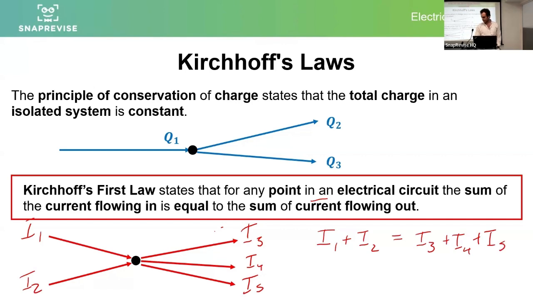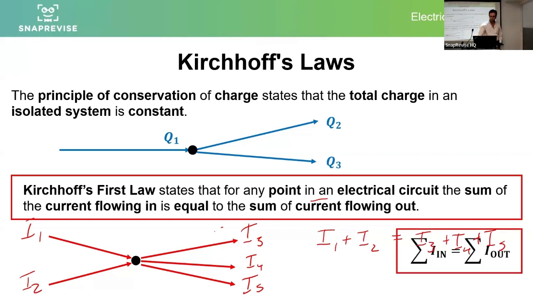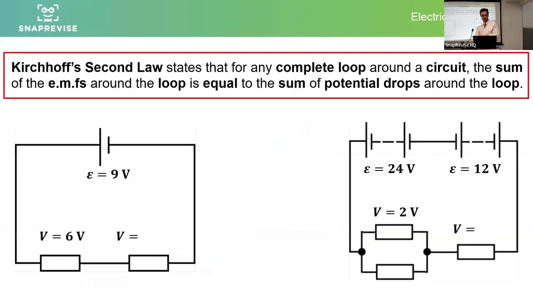Simple as that. The sum, this big, for those of you not familiar, this big, I'm forgetting the Greek letter, but that means the sum of all the currents going into the junction, into the node, is equal to the sum of all the currents coming out.